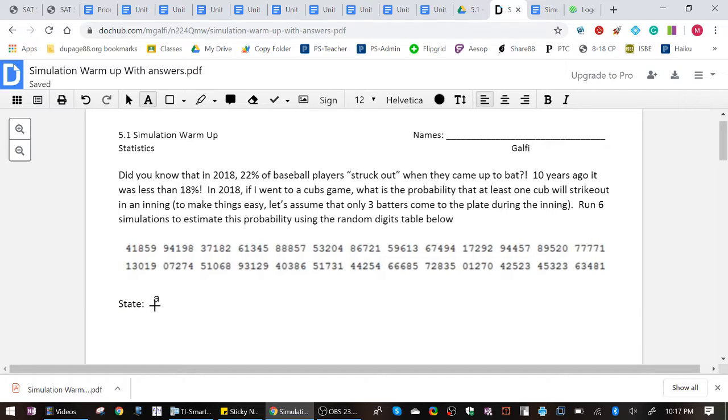So when it comes time for the state, we are going to talk about what we are actually trying to do. That's in the last sentence of this problem.